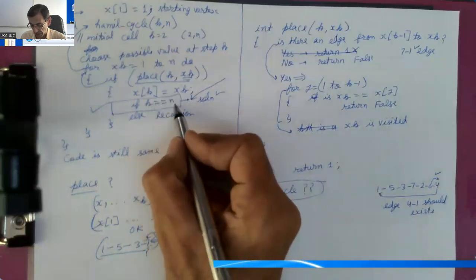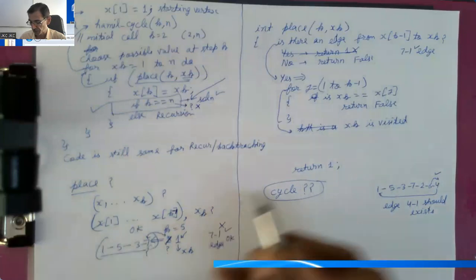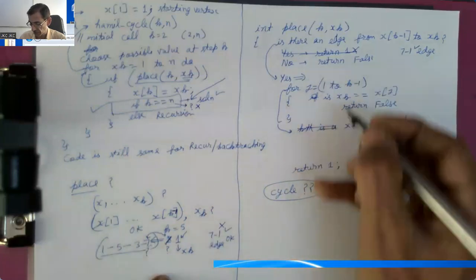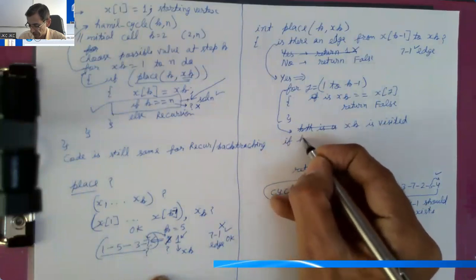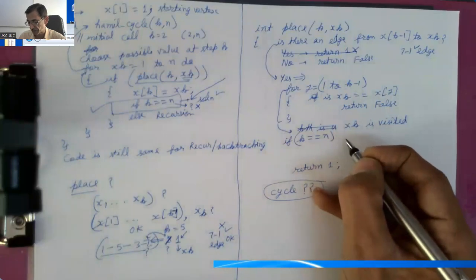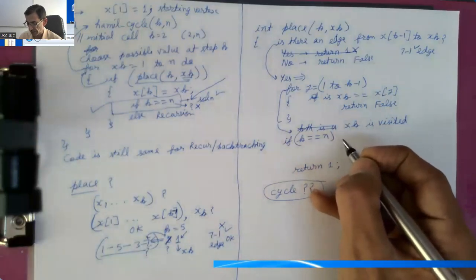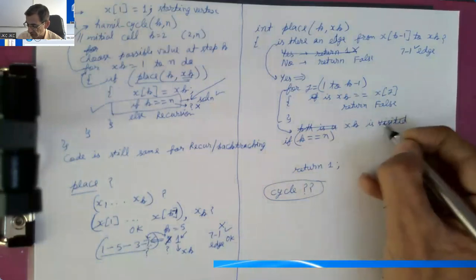That code can be placed elsewhere, but I would not prefer that, because I want all bounding function conditions to be here. So I should check here: if k equal to n, that means I have reached the last vertex being selected, and that is unvisited.